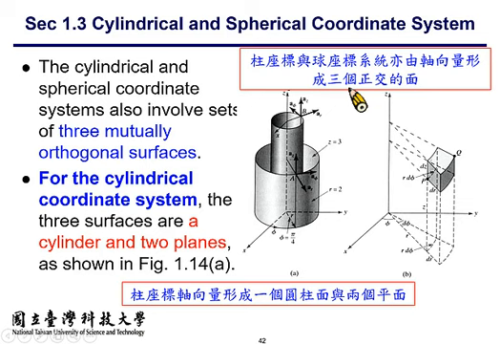How about phi? The minimum number for phi is 0. The maximum number for phi is 2 pi, or 360 degrees. So note that phi itself is not a length. It's an angle.